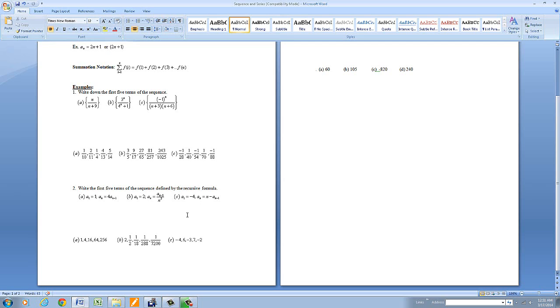So if the first term is -4, in this case, you want the second term, so n is 2. So basically it's saying the second term is 2 minus a -4. 2 minus a -4, that's 2 plus 4, which is 6.